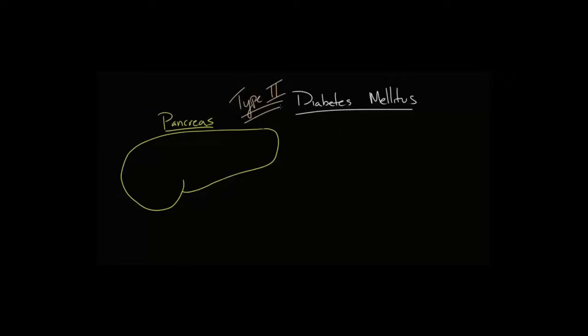Now, before we dive into the actual cause of type 2 diabetes, let's first get a better understanding of how exactly insulin works. And there are two major steps. So imagine that you just ate a big meal, maybe like a bowl of pasta or something, and your body is currently absorbing all of those nutrients from your digestive system into your bloodstream.